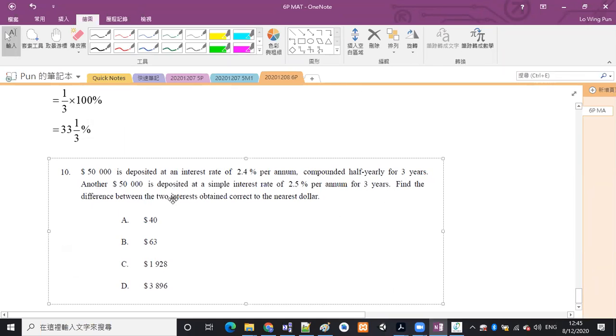Another $50,000 is deposited at a simple interest rate of 2.5% per annum for 3 years. Find the difference between the two interests obtained correct to the nearest dollar.